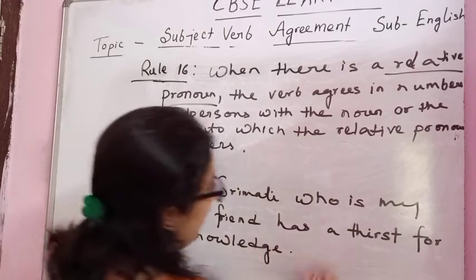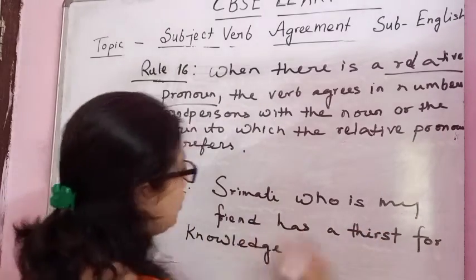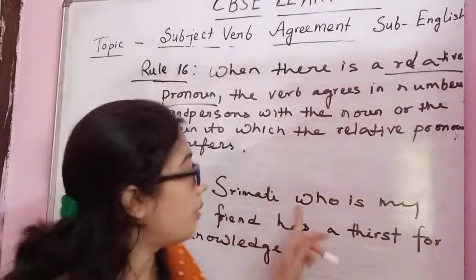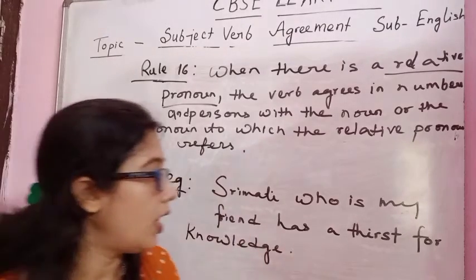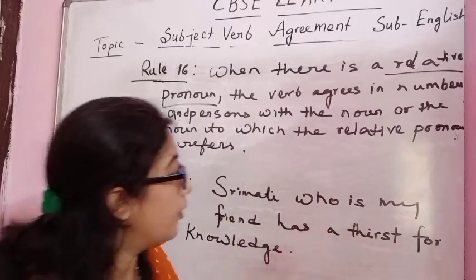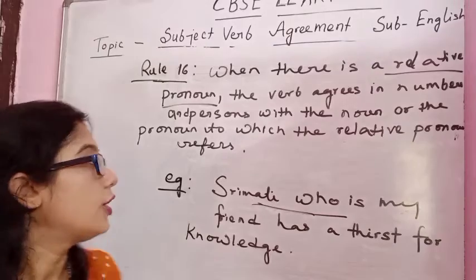So see, here Srimati, who is my friend, has a thirst for knowledge. You can understand that it is referring to Srimati. So the verb will agree with the noun to which the relative pronoun is referring. Okay.